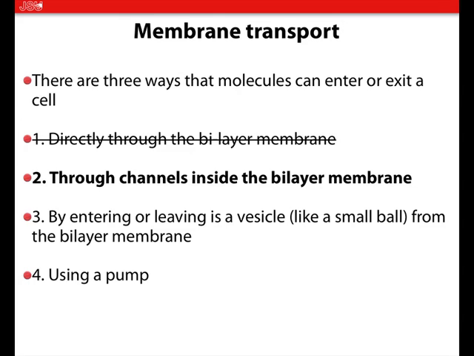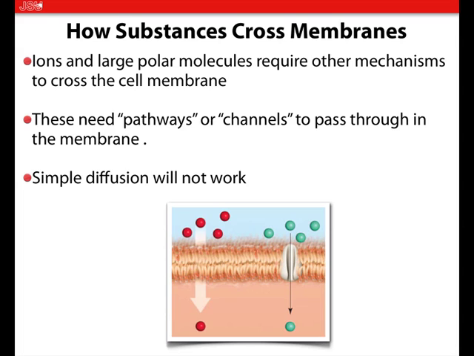So, another way you can have membrane transport is through the bilayer membrane through channels. Okay, you have protein channels. Think of a tunnel that is going to connect the outside and the inside of the cell. So look at this picture here. At the bottom, those red spheres would be small nonpolar molecules.